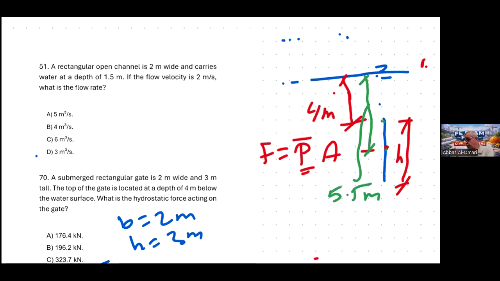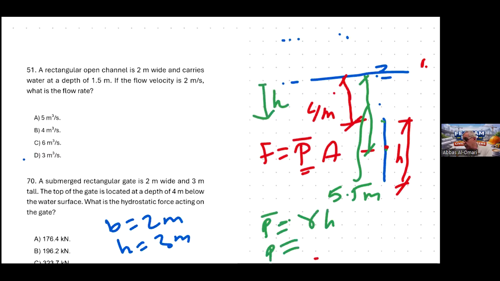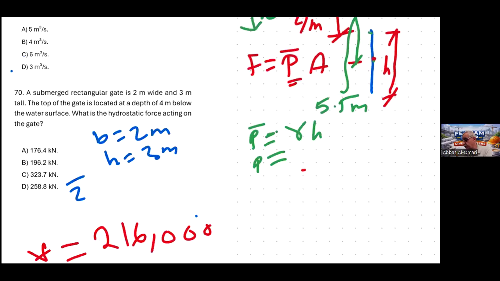So P, we know that P equals gamma H, not this H, okay? So P equals gamma H, where H is measured from the water surface. So the average P is 9,810, or 9.81 kilonewton, times 5.5.